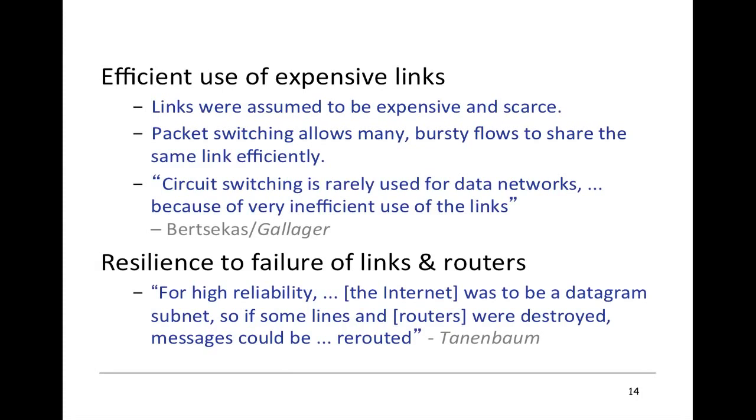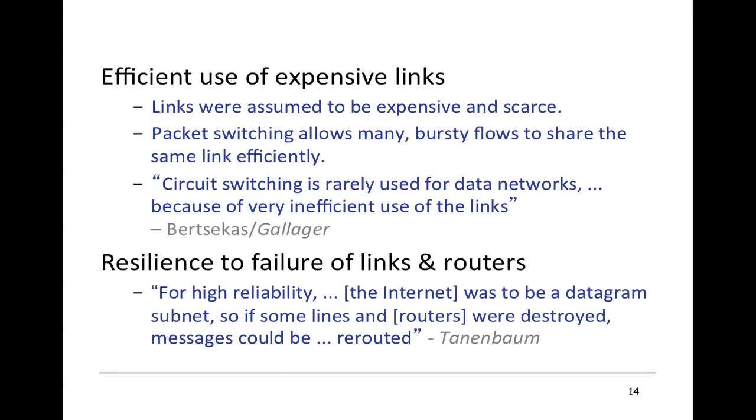We can send it over a different link to a different router, and it will find its way eventually. For this reason, Tanenbaum in another famous textbook said, for high reliability, the internet was to be a datagram subnet. So if some lines and routers were destroyed, messages could easily be rerouted.